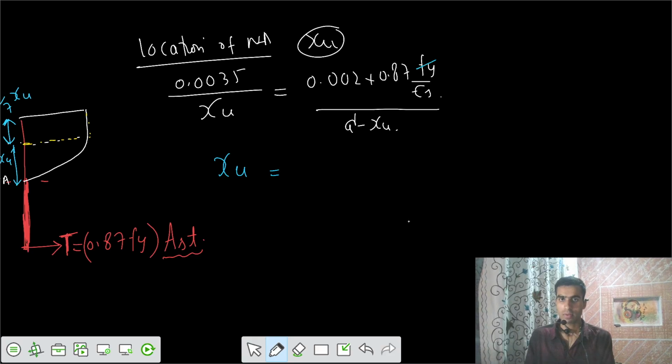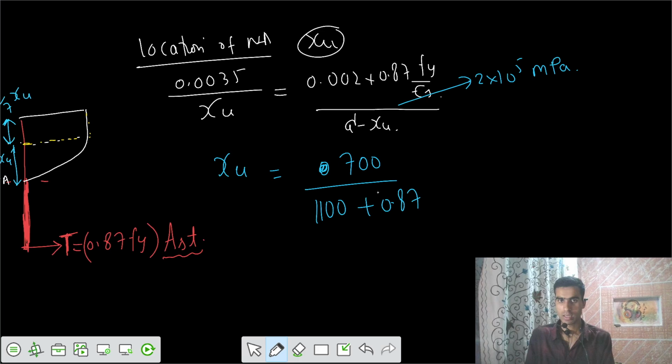Now if you substitute the value of Es equals 2 into 10 to the power 5 megapascals, you get an equation that xu equals 700 by 1100 plus 0.87 Fy.